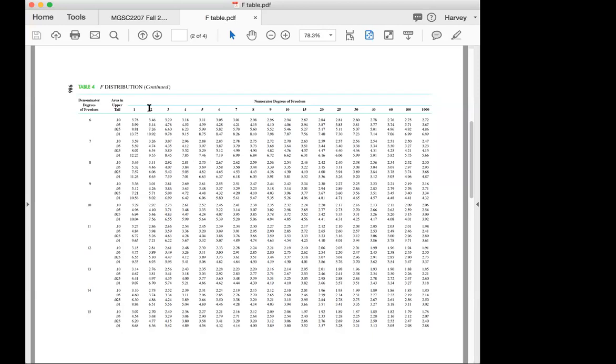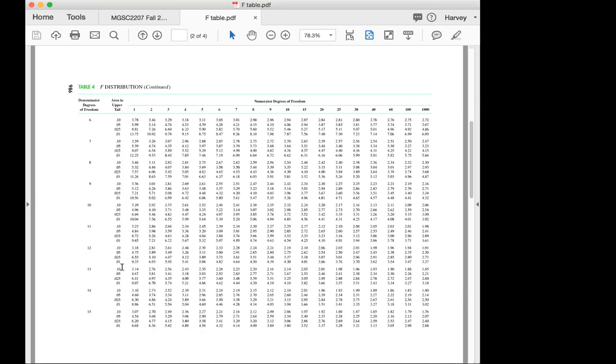Numerator degrees of freedom 2, 12 is the denominator degrees of freedom, and I'm looking for 9.55. What's the biggest value I have in that table? It is 6.7. I have to keep going to get to 9.55.